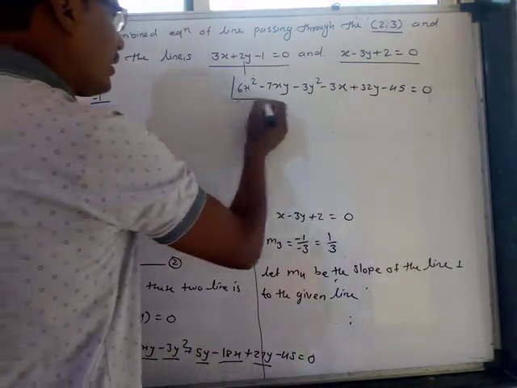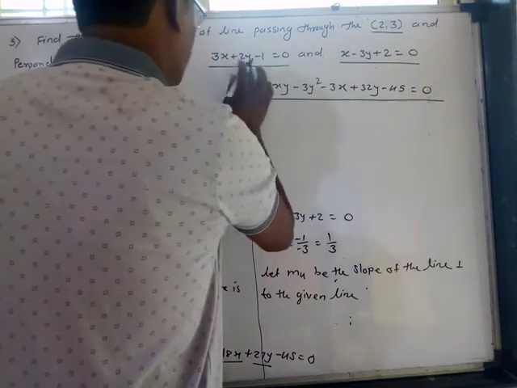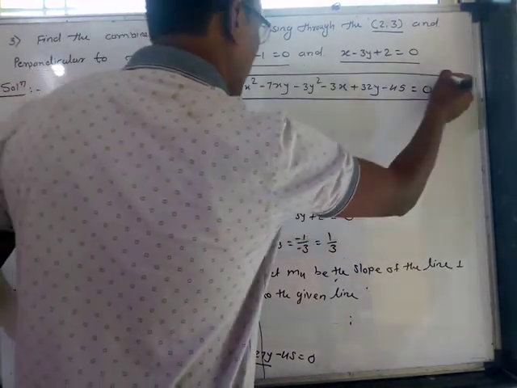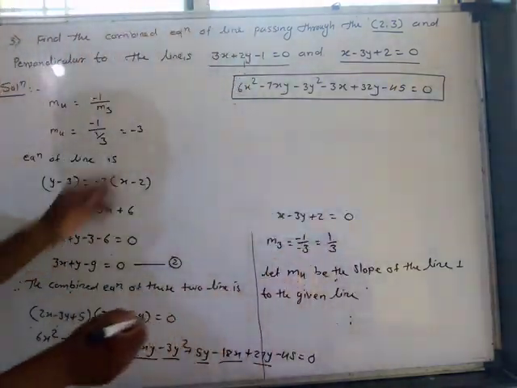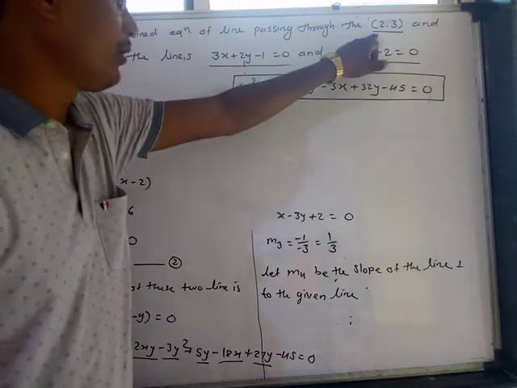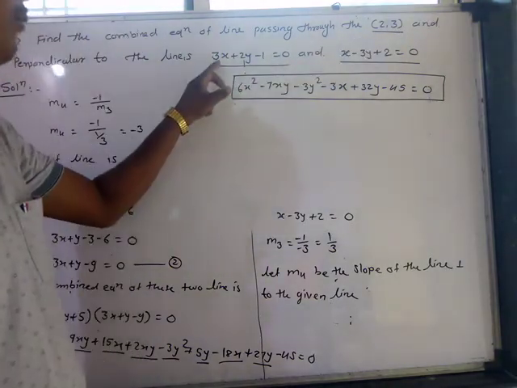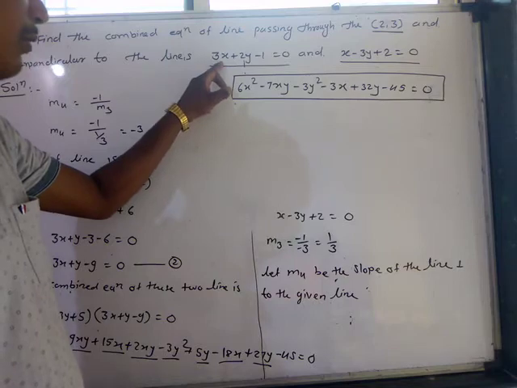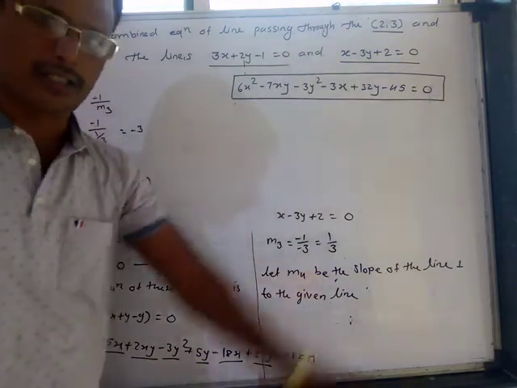This is the required combined equation of the lines passing through the point (2, 3), where one of them is perpendicular to this line and the other is perpendicular to that line.